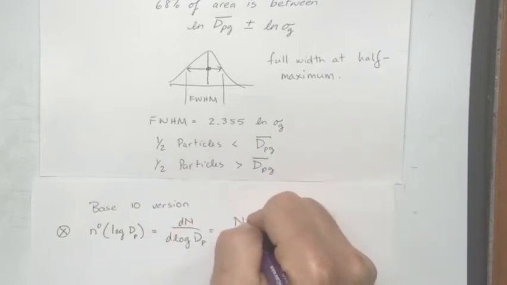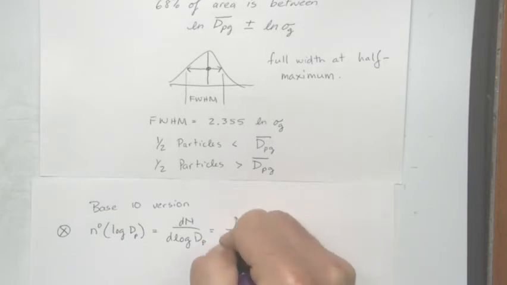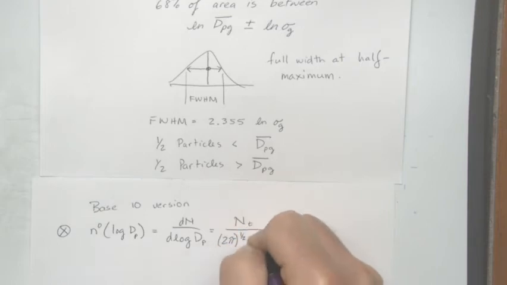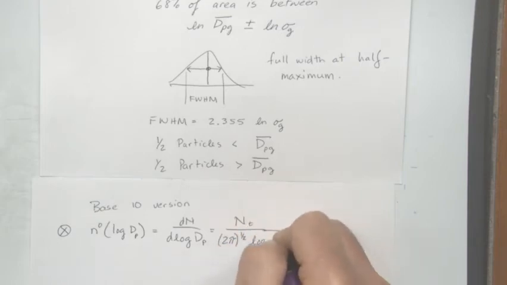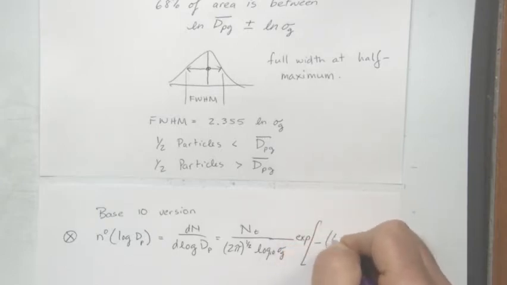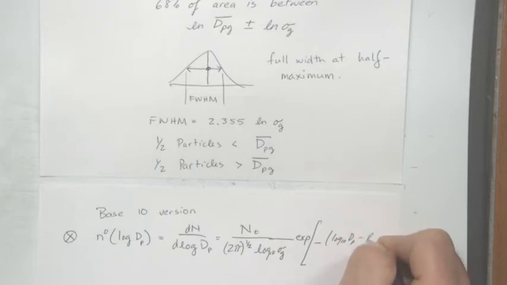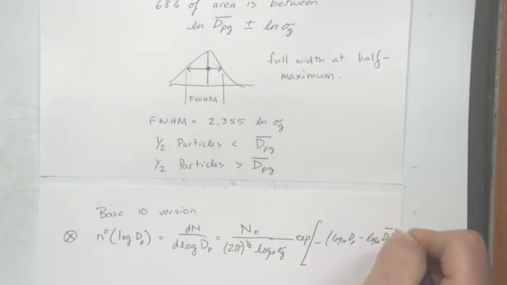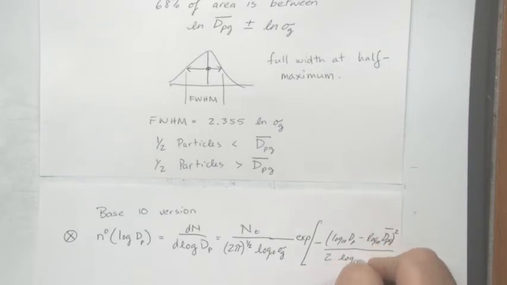So total number, 2 pi square root log 10 of the standard deviation, and then our exp term, negative log 10 of dp minus log 10 of dpg squared over 2 log 10 sigma g squared.